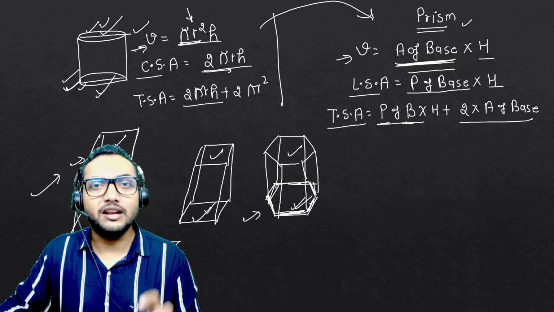Now, what is pi r square? Pi r square is basically the area of the circle which is in the base. So here you will write area of base, multiplied by height, perpendicular height, not slant height. Now if I'm talking about the curved surface area, that is equal to pi r l. Now what is pi r?